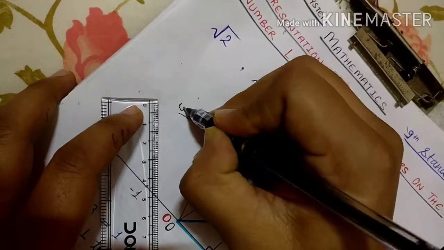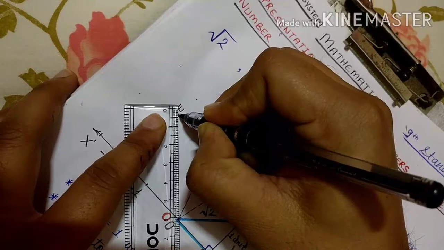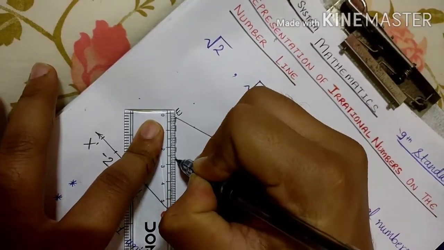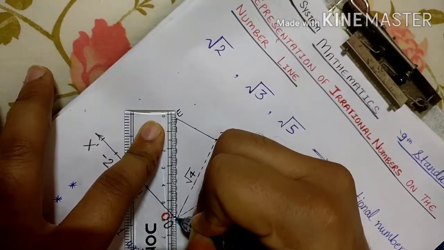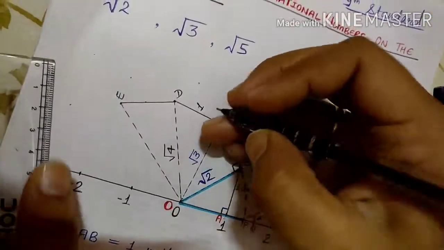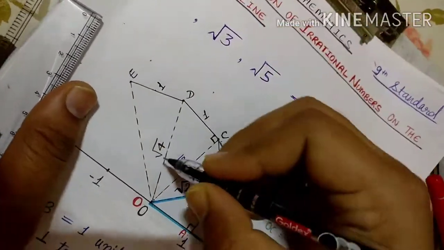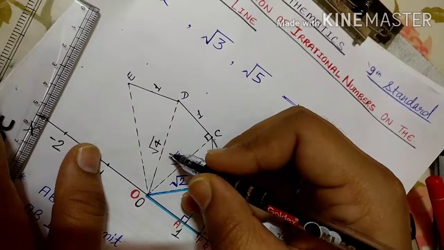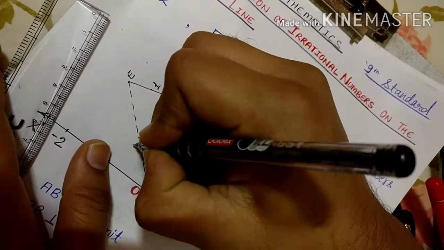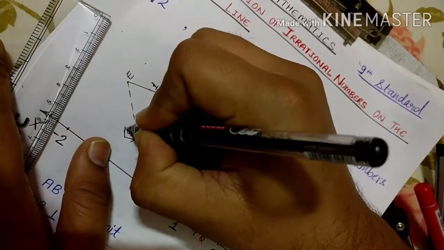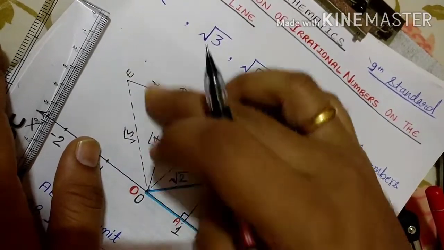Now I can give this the name point E, and I join this point. Now this is 1 unit. So root 4 square becomes 4 only, and 4 plus 1 is 5. So this line OE will now become root 5.